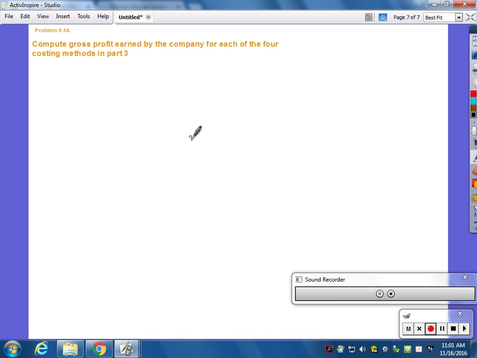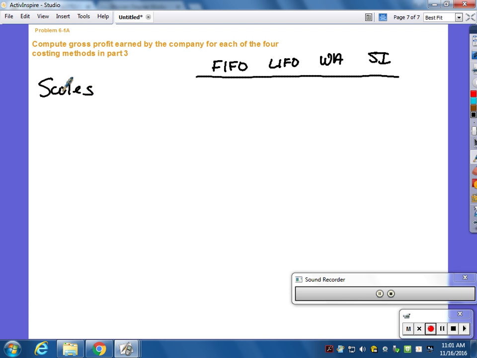So go back and look through all of those methods that we just did. We did FIFO, we did LIFO, we did weighted average, and we did specific identification, right? And we need to know what the sales are because gross profit is sales minus cost of goods sold. That's what equals gross profit.